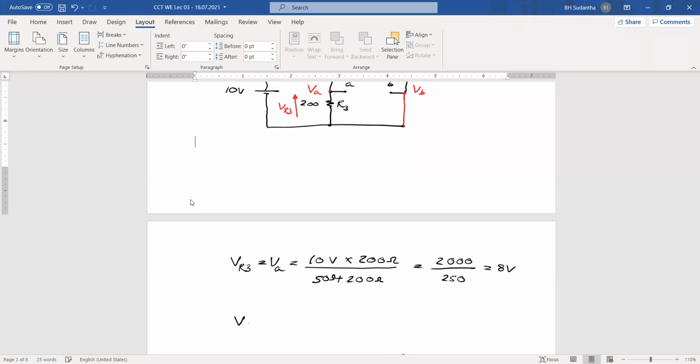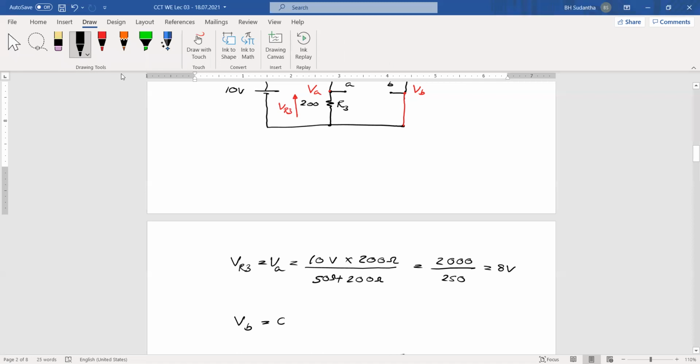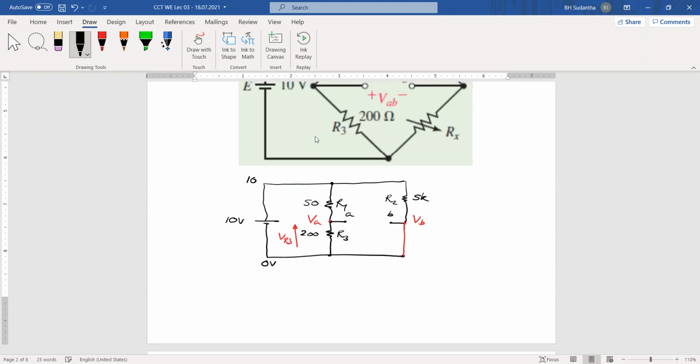Then in this case, VB is 0. Why? This side is 0 volts, and this side is 10 volts.